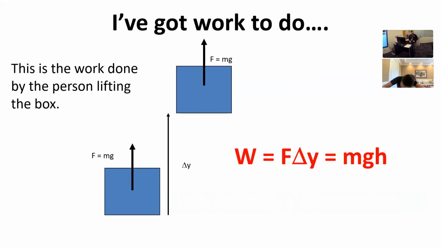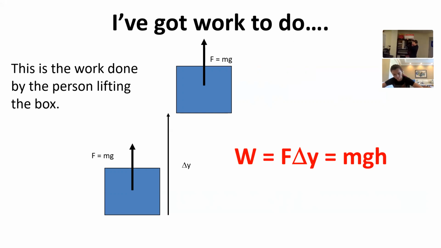But I want you to recognize that it is both the work that we would do to lift it and the gravitational potential energy stored in the object once it's done being lifted. So, for instance, if I'm looking at this box, it has a certain amount of gravitational potential energy based on how high it is above the earth. And I can take it off the shelf and put it up on a different shelf, right?